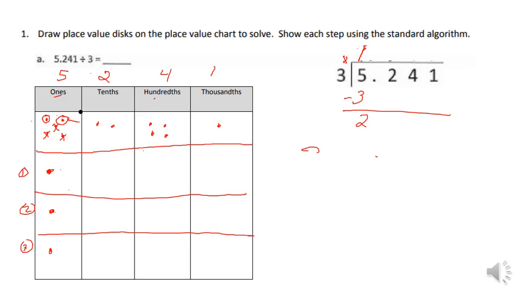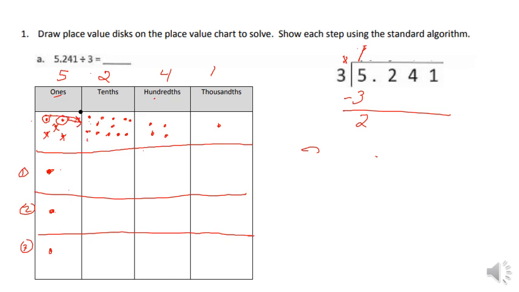Now, these remainders here, I need to bring over. I know for every 1, I'm going to have 10 tenths. So I'm going to come over here and add them in there. 1, 2, 3, 4, 5, 6, 7, 8, 9, 10.